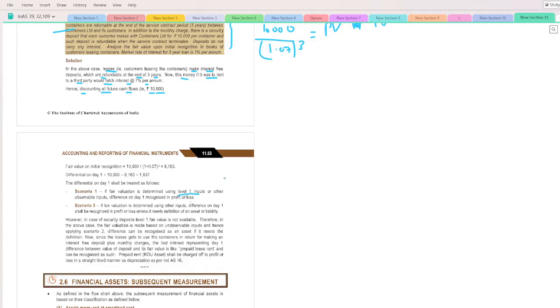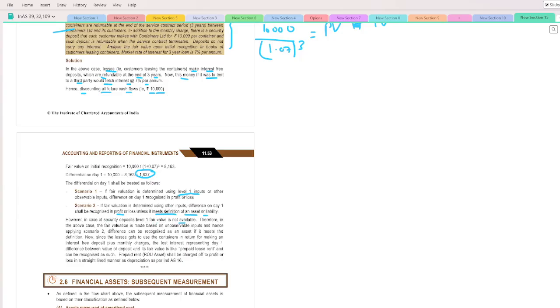That means this difference of 1,837 will be transferred to the P&L. If it is not a level 1 input, and it is determined using other inputs, the difference will be recognized in the P&L unless it meets the definition of an asset or liability. In the case of the security deposit, a level 1 fair value is not available.